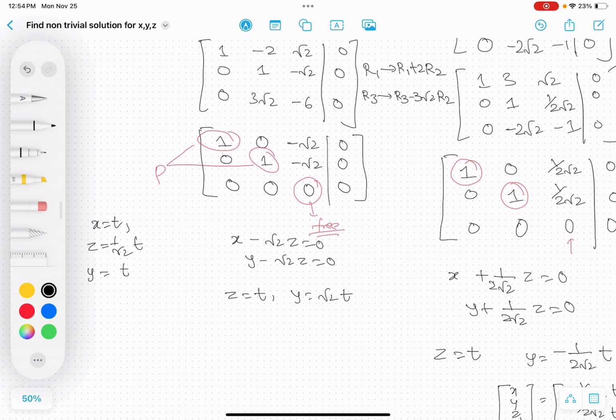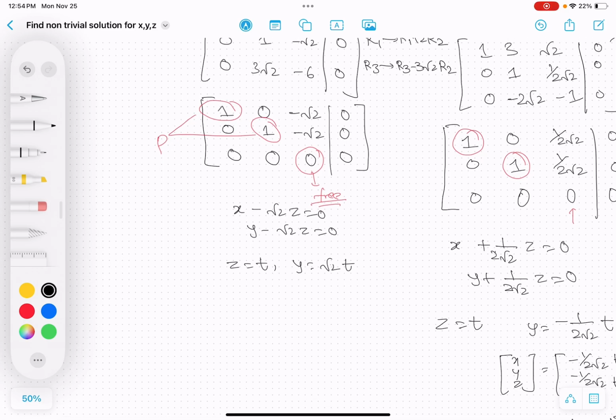We are saying that x and y are pivot, the z is free. So we are just trying to make it more systematic, and you can assume any of them to be t. Okay, and this is more helpful in higher dimensions. So yeah, y is root 2 t and x is root 2 t.